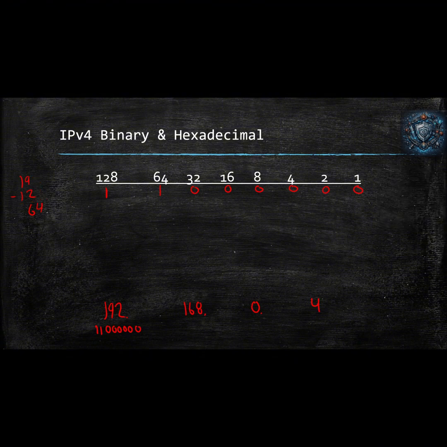Go to our eraser over here, get rid of that. Go back to the pen. We'll do the same thing with 168. Now what's the biggest number we can take from 168? Again, 128. That leaves us with 40.